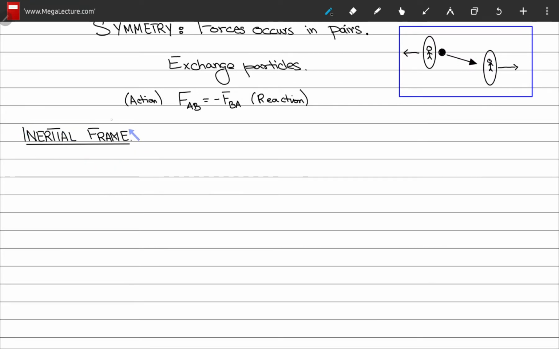Now let's talk about something known as an inertial frame of reference. You would have some frames of reference, and you can pick one frame of reference and then do your entire physics in that frame. You can pick an object and say that that object has a frame of reference.